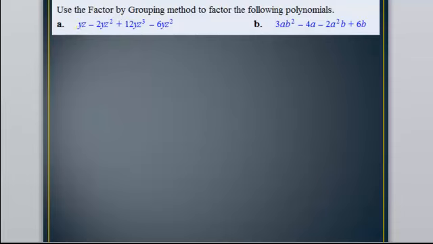But then I see that the coefficient here is 1 and the coefficient here is 2. So over here, I know I would be factoring out some sort of a 6, either a positive or a negative 6. So that would leave this as a 2 and this as a 1. That means these 2 terms should be turned around. So let's do that first.